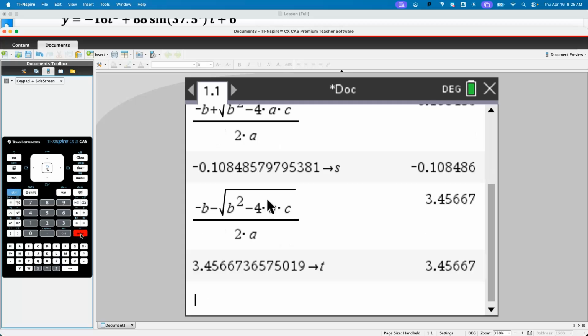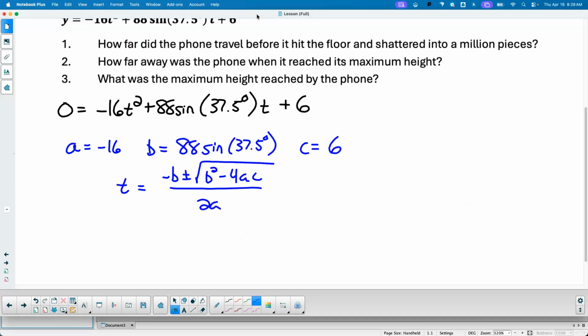I'm going to store that one as T. Okay. So I get a T value here of negative 108,486.